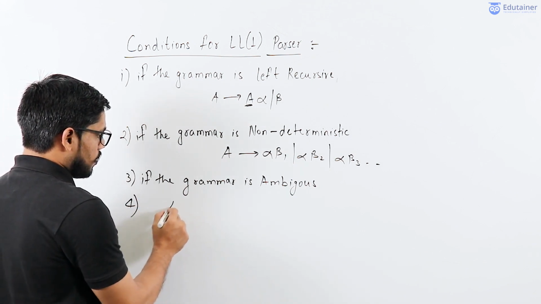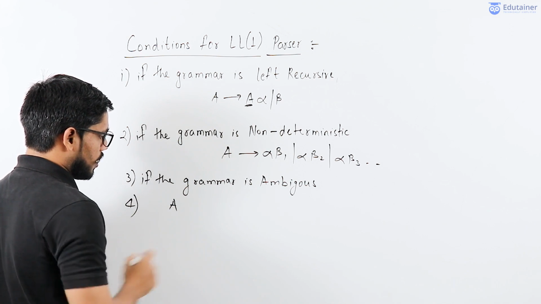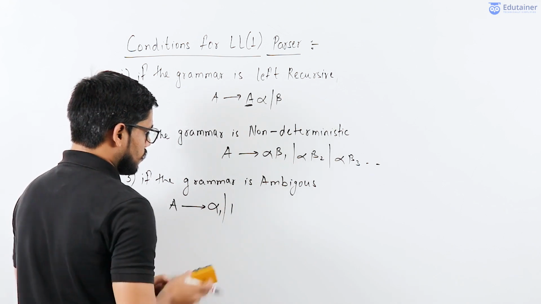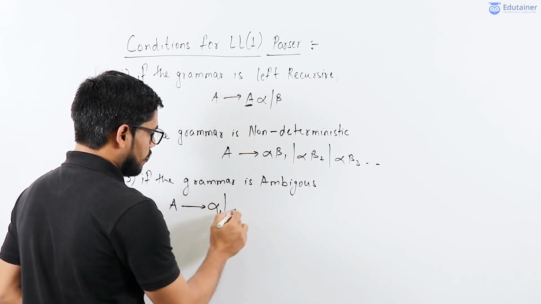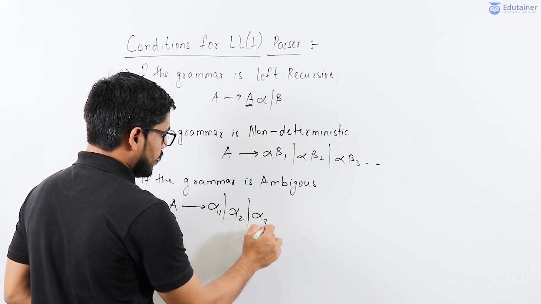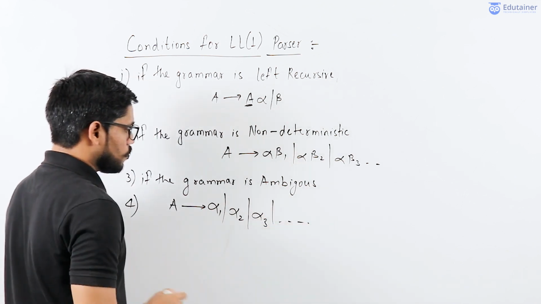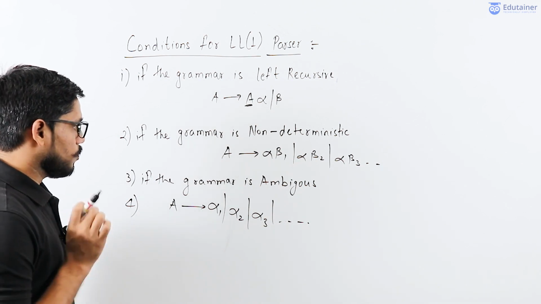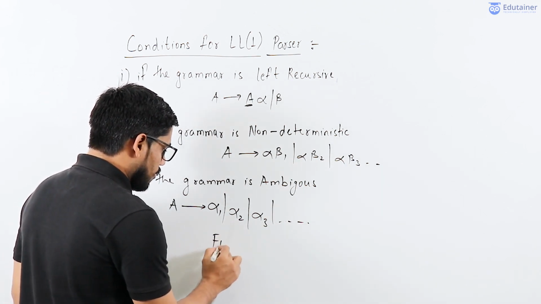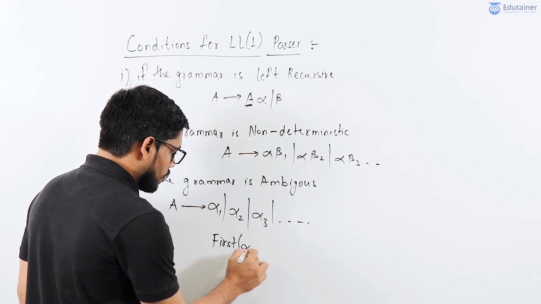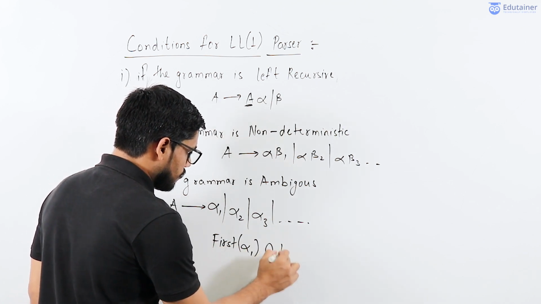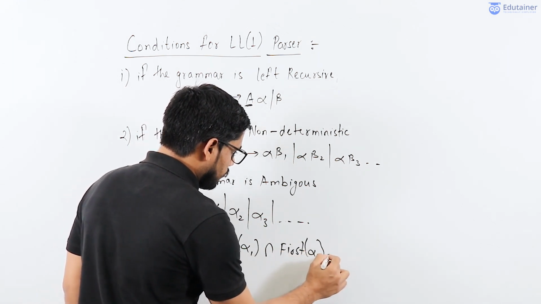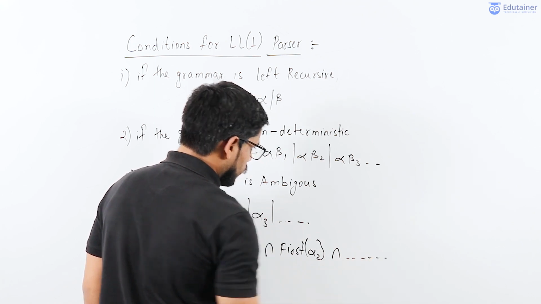If I have a grammar like A derives alpha 1 or alpha 2, alpha 3, and so on, then before constructing the LL1 parsing table, we need to check first of alpha 1 intersection first of alpha 2 intersection first of alpha 3, and so on.